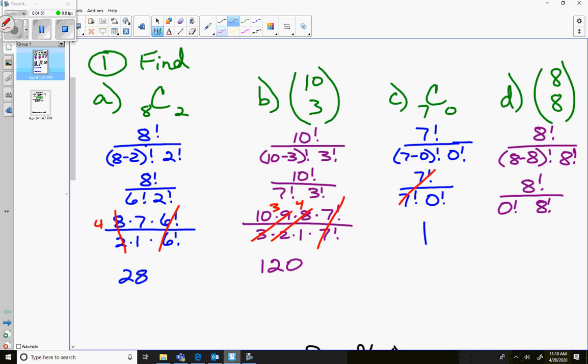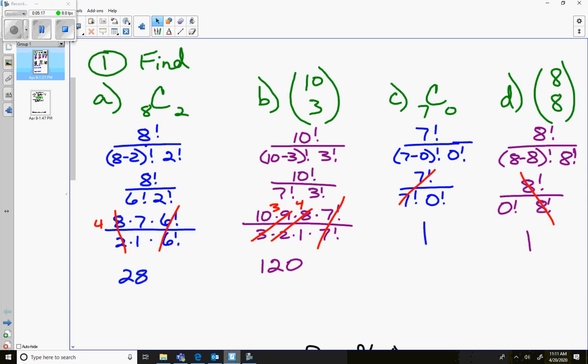And notice it's basically the same exact thing, just the other way around. So there is one way of choosing all 8 of them, choosing the whole thing. So those last two are just quick special cases, indicating that the answer will be 1. Now again, this is not really today's lesson, but you're going to do a lot of that in a minute when we get to the binomial theorem.